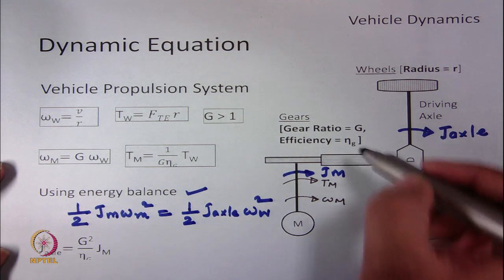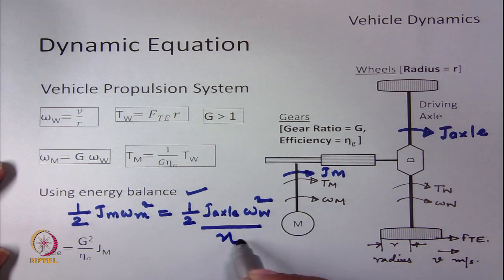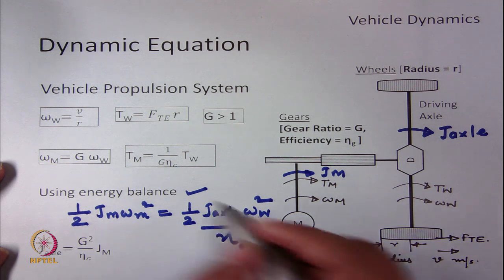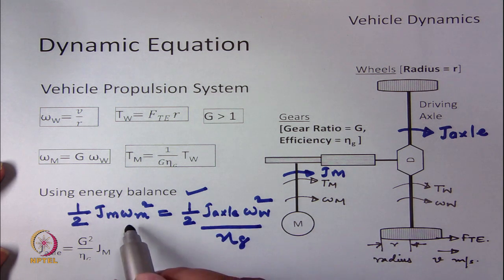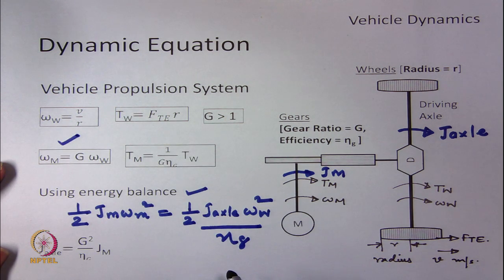But since we have to accommodate the losses in the gears, we have to divide it by eta G. Here also we know the relation between omega m and omega wheel, which can be used to find the relation between J axle and Jm.